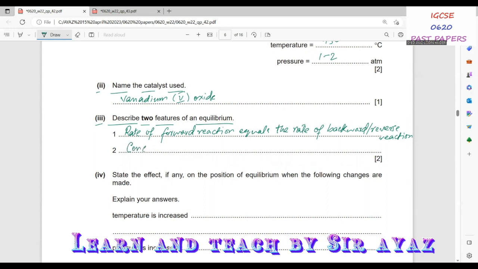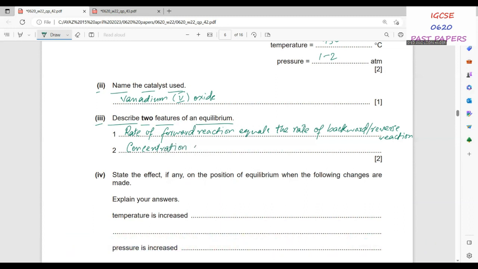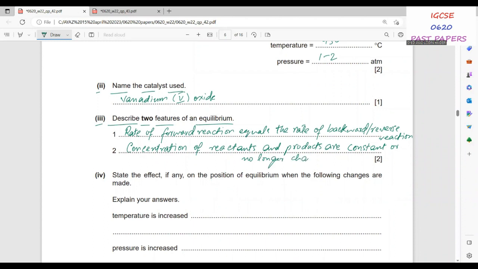Concentration of reactants and products are constant or no longer changing.